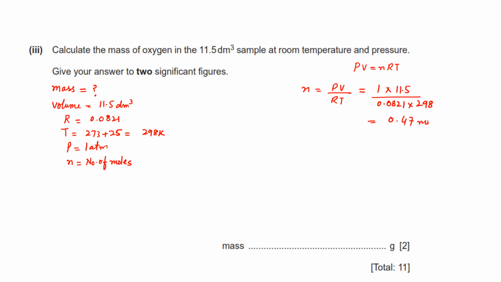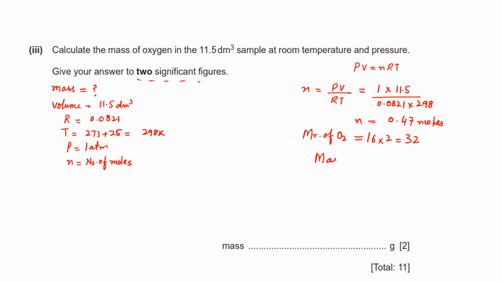So it comes out to be 0.47 moles of oxygen, and the molecular mass of O2 is 16 into 2, that is 32. And remember, we have to give the answer to two significant figures.